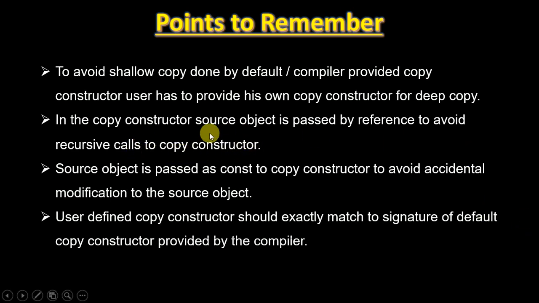Since the compiler provided copy constructor takes a reference, your user defined copy constructor should also take a reference as an argument. The source object is passed as constant to the copy constructor to avoid accidental modification of the source object inside it. So the user defined copy constructor should exactly match the signature of the default copy constructor provided by the compiler.